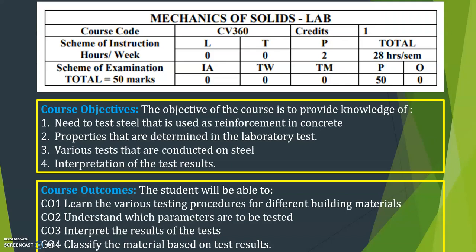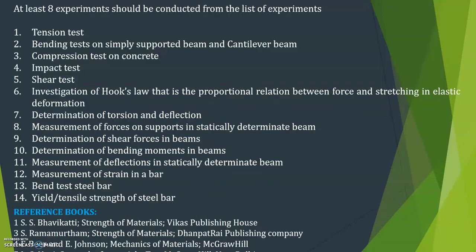Okay, these are the main objectives, and course outcomes are: learn the various testing procedures for different building materials, understand which parameters are to be tested, interpret the results of the test and classify the material based on test results. Okay, these are the main objectives and outcomes of this course.